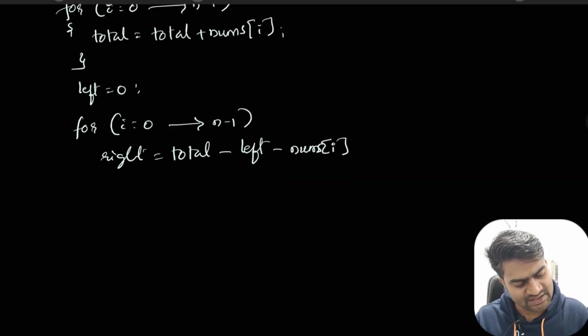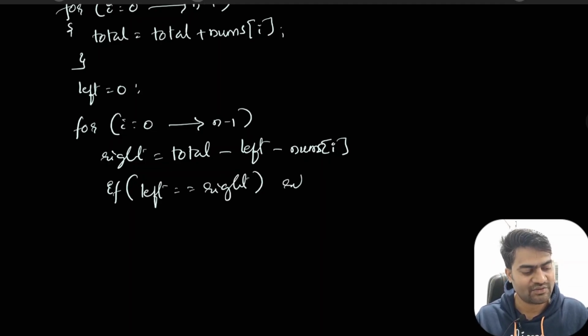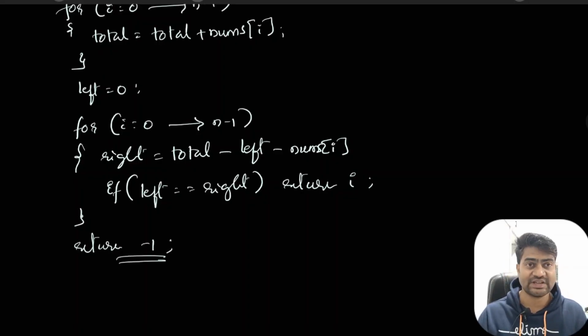Then after this, immediately I will check if my left is equivalent to right, then we found the pivot, I will simply return i. If this is not the case, at the end I will simply return -1, which indicates we did not find the pivot number.